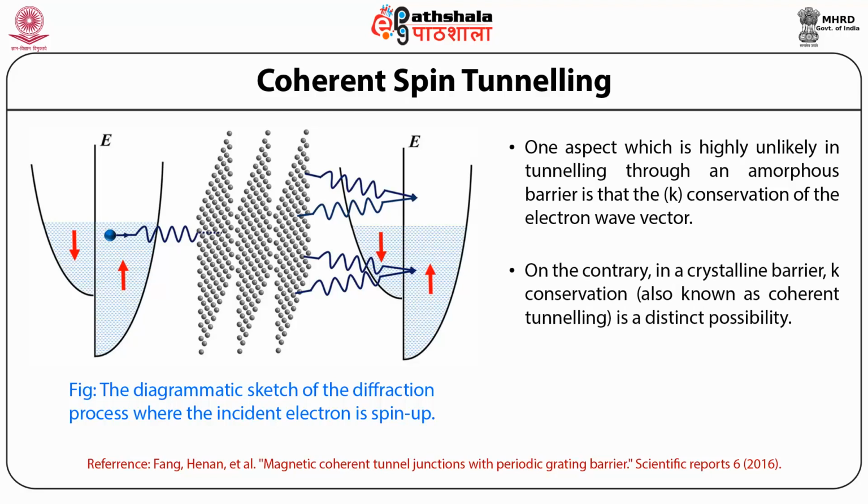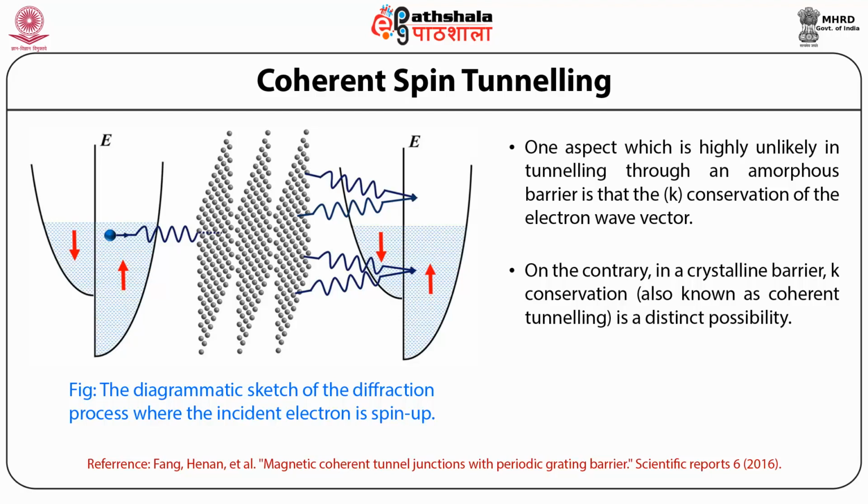On the contrary, in a crystalline barrier, K conservation, also known as coherent tunneling, is a distinct possibility. This also implies that a wave vector selected at one interface is efficiently coupled to a corresponding wave vector at the other interface.